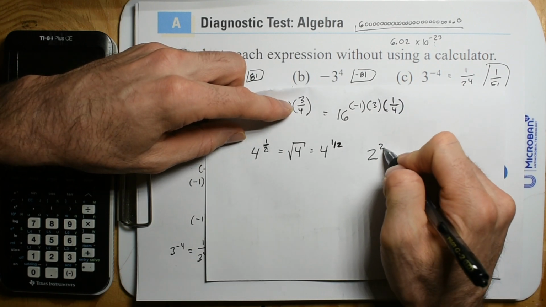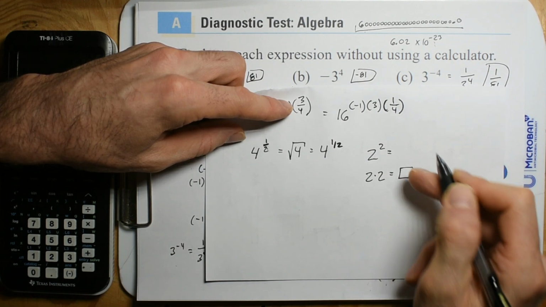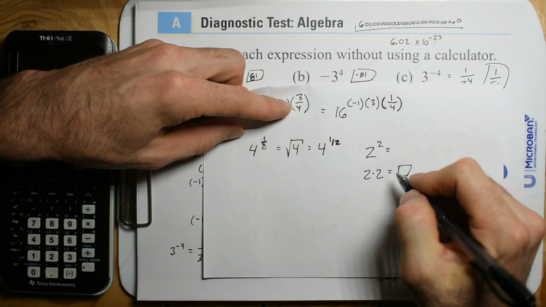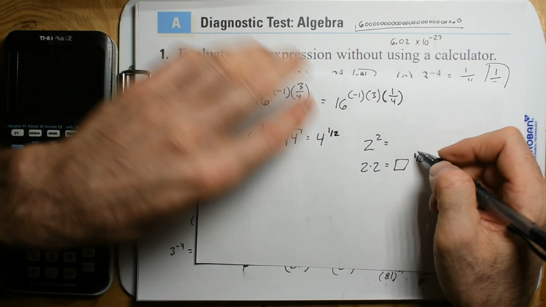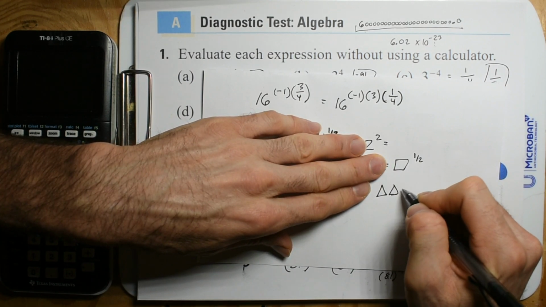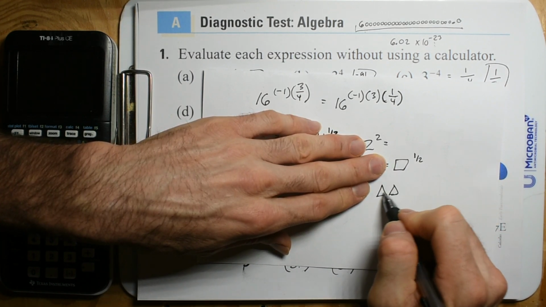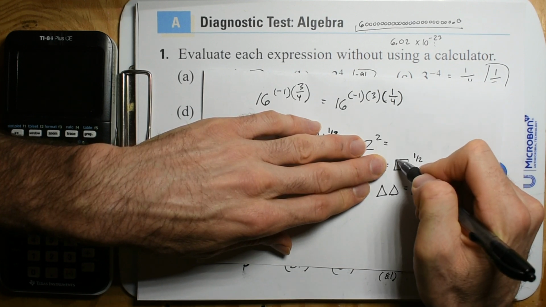Like, let's say you had 2 squared. That's going to be 2 times 2 is equal to this number. So then the reverse, taking this number to the 1/2, is saying what 2 numbers, what 2 numbers when you multiply them together equal the number that we're trying to take the square root of.